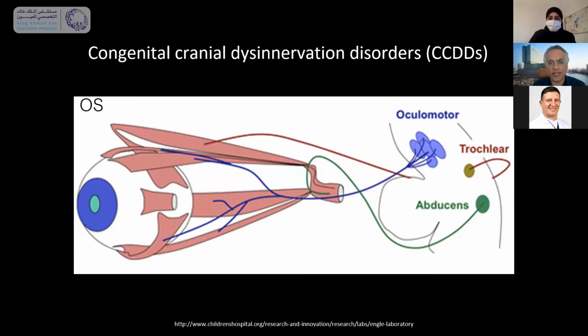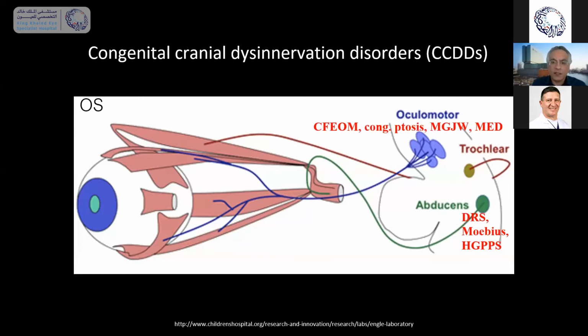It's a unifying concept. And so there are some strabismus disorders that predominantly involve the abducens nerves. And these are Duane syndrome, Moebius syndrome, horizontal gaze palsy with progressive scoliosis. These strabismus conditions that affect horizontal gaze predominantly, we can consider as a form of CCDD that predominantly affects the 6th nerve development.